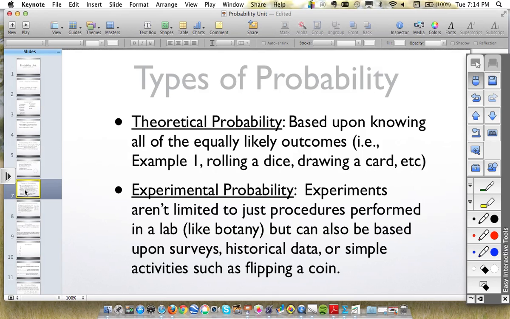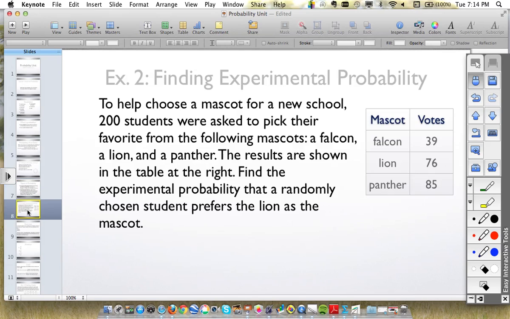These are all examples of experimental probability. Sometimes we know all the possible outcomes, and sometimes, like scientific experiments, we don't necessarily know what's going to happen. We just do enough trials to figure it out, and hopefully we encounter all of them, but sometimes we just don't know. All right, let's look at our example.